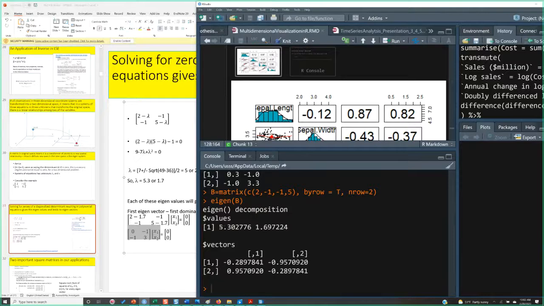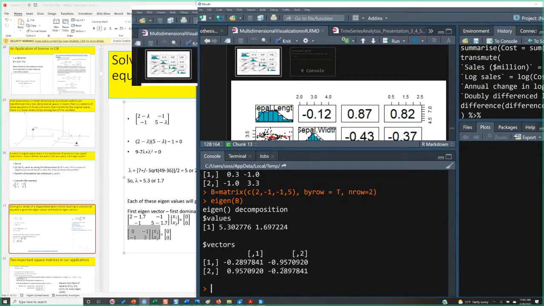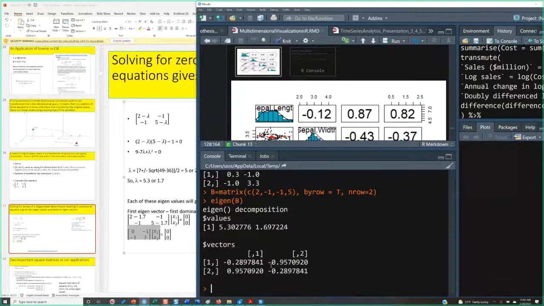The first eigenvalue has this first eigenvector. The second eigenvalue has the second eigenvector here. It's not really symmetric though, because here it's minus and here it's plus. Remember that, okay? So what is the first eigenvector?